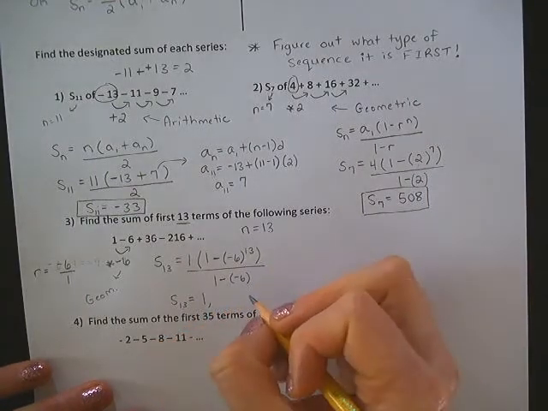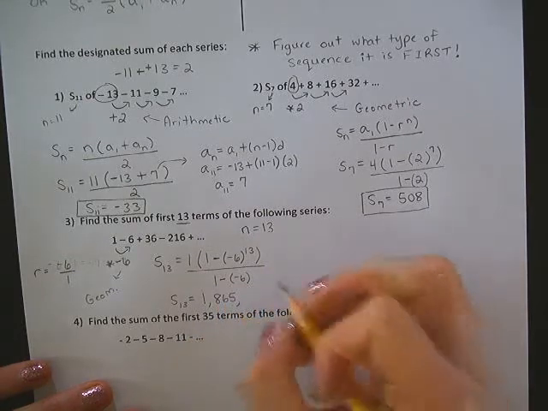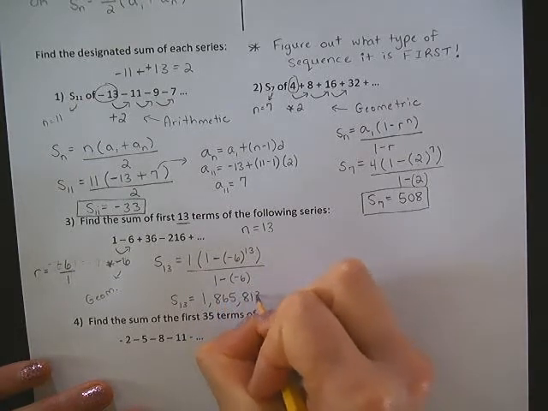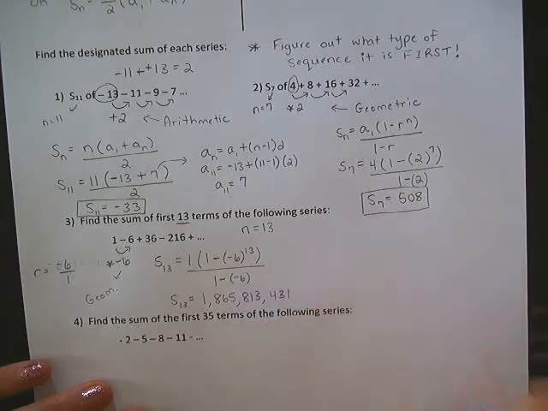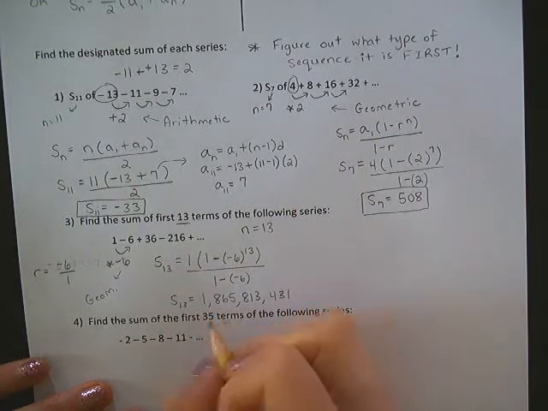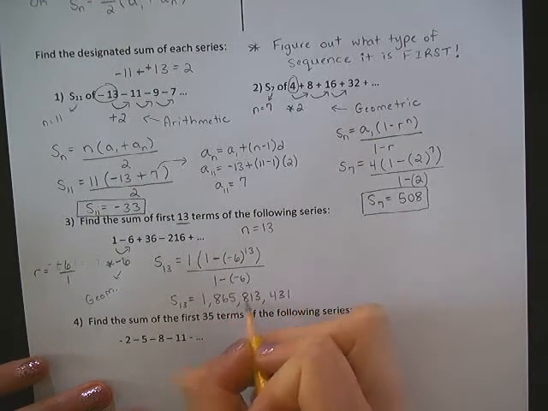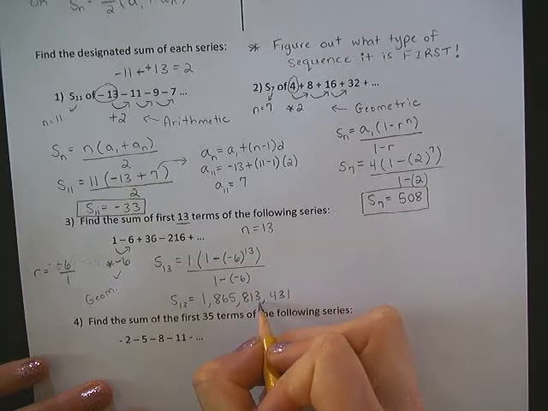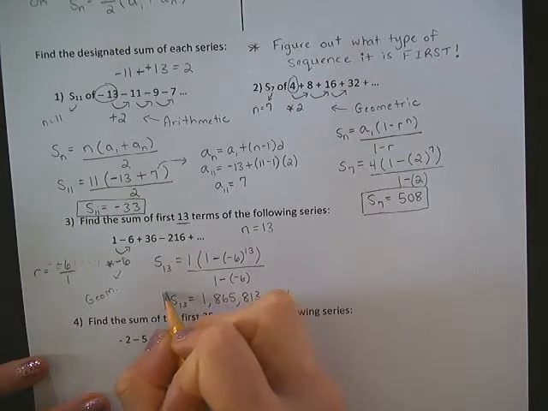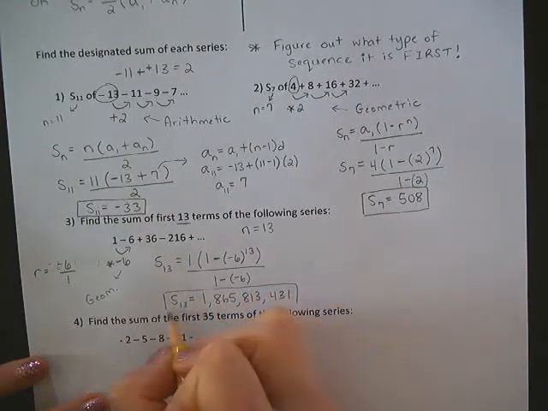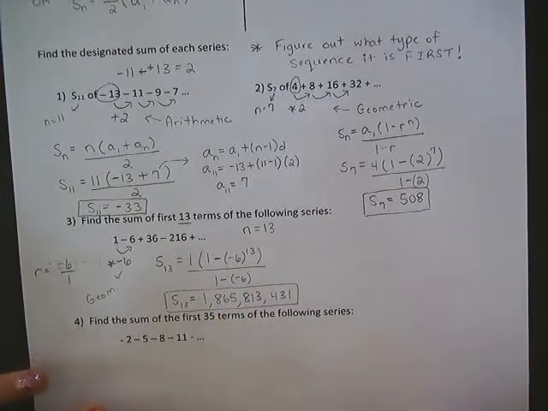It gives me 1,865,813,431. So if I actually wrote that sequence out and then added up the first 13 terms, that would be what it would add to be.